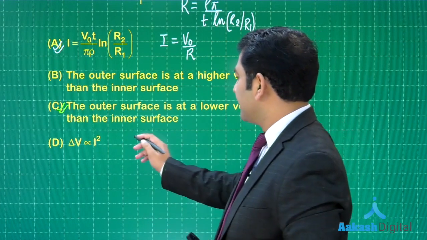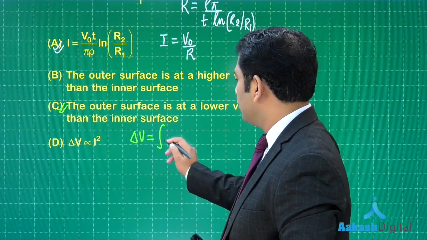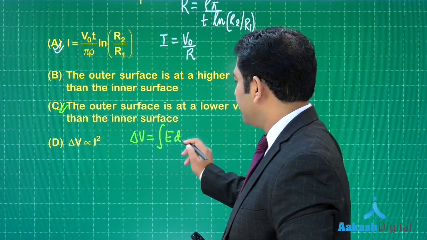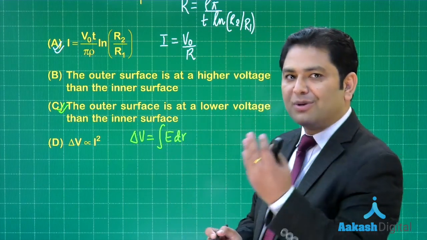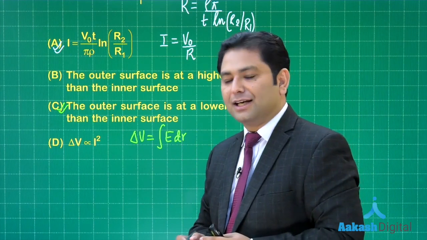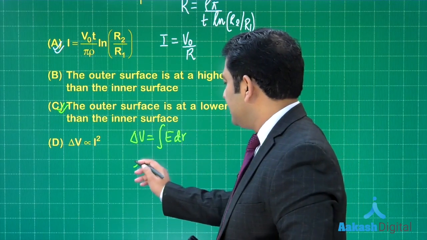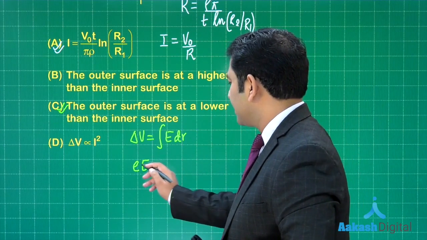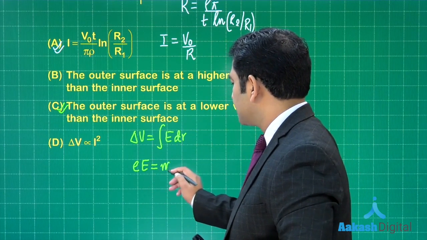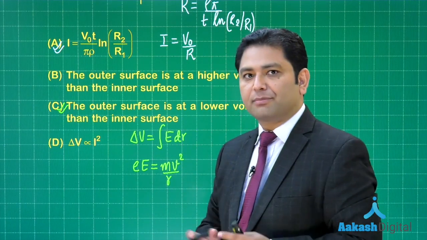So the idea is something like this, that delta V, if I talk in terms of magnitude, will be E multiplied by dr, and how much will be the electric field at any distance r. Of course, you can easily see that E multiplied by electric charge e is going to be equal to mv square by r, the necessary centripetal force.